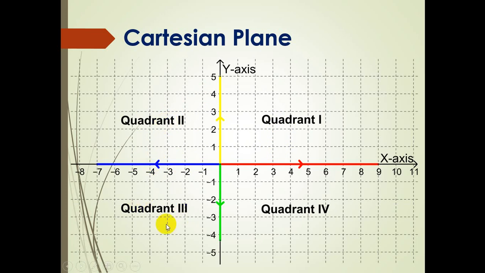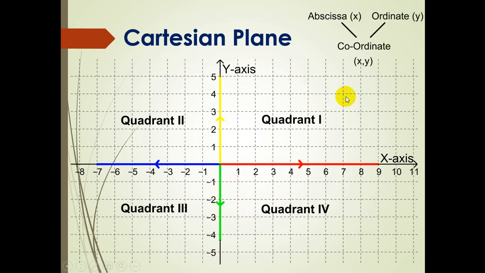In the third quadrant, the value of x is negative, while y is negative also. And for the last quadrant, the fourth quadrant, the value of x is positive, while the y is negative.